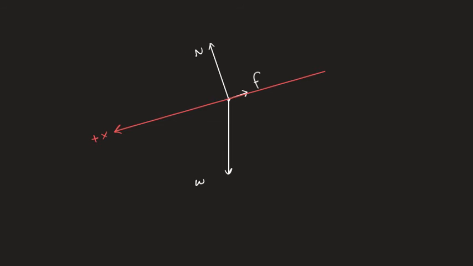So be obvious about it. Tell yourself, I think it's going to accelerate down the ramp, so I'm going to make positive down the ramp. That makes this the negative x direction. That forces me to make my y direction in the direction of the normal force.